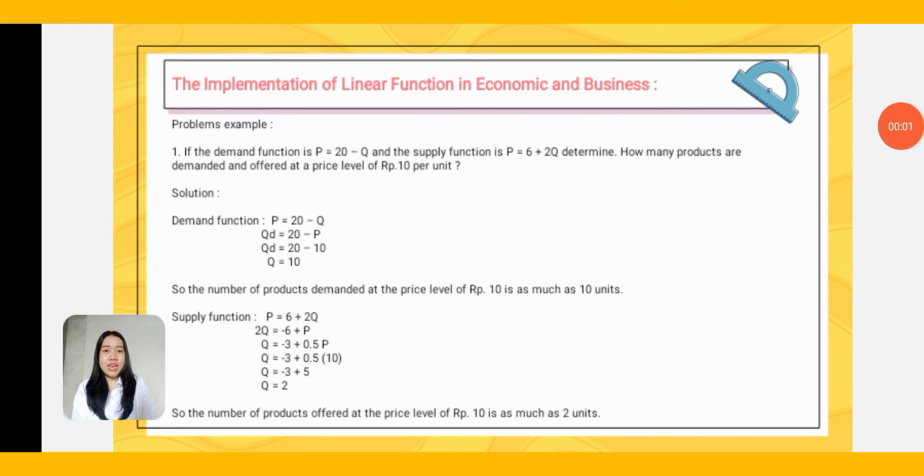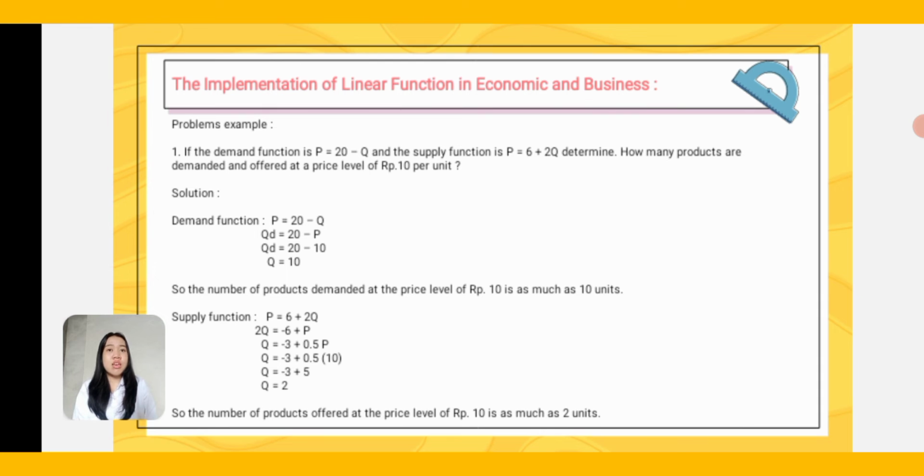Next, I will explain an example of the implementation of linear functions in economics and business. The problem example is: if the demand function is P equals 20 minus Q and the supply function is P equals 6 plus 2Q, determine how many products are demanded and offered at a price level of 10 rupees per unit.